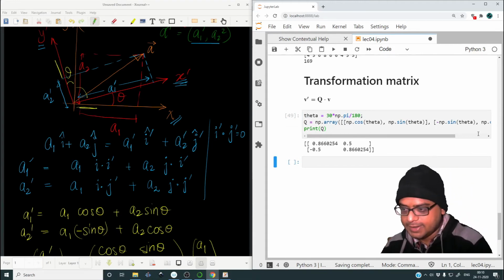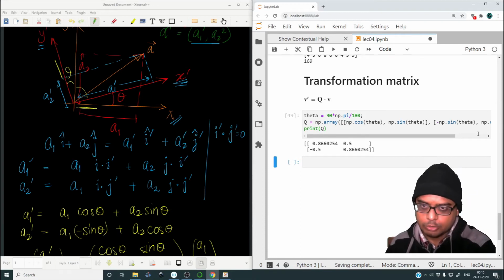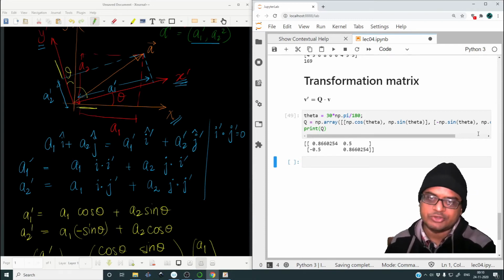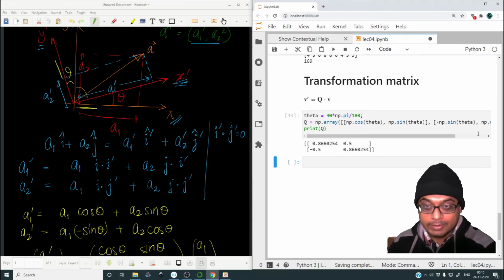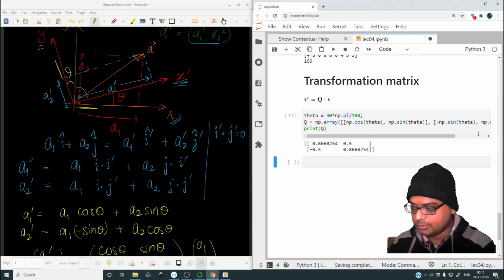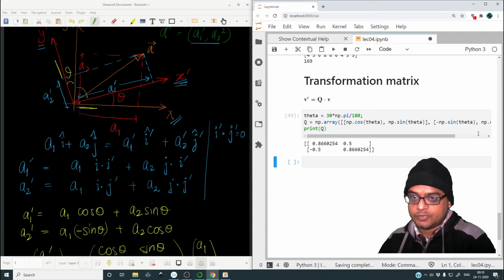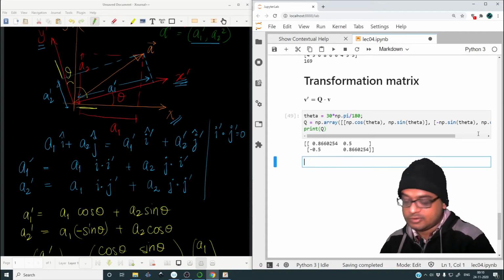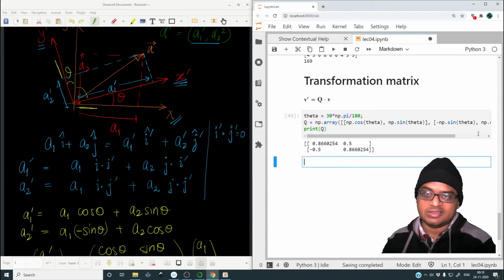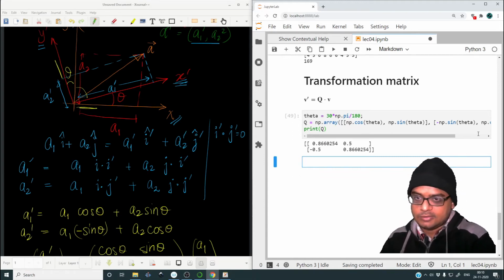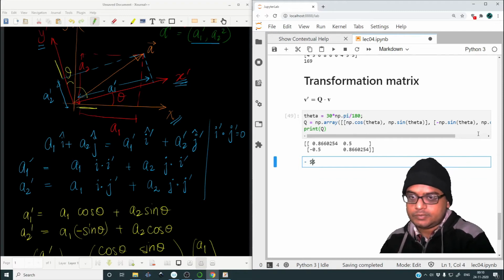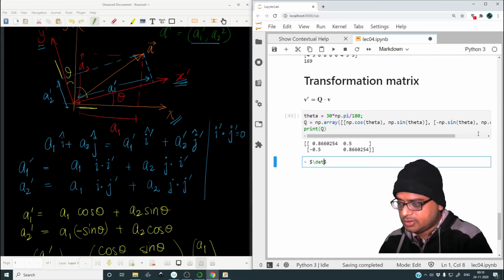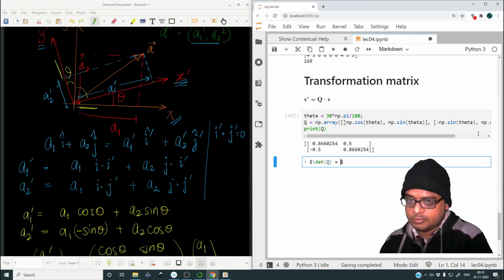So let us now create a vector, or rather before delving into the transformation itself, let us quickly look at some properties of the transformation matrix. Here are some properties which are quite well known from matrix algebra. I'm just pointing them out as a refresher, nothing else. The first property is the determinant of Q is equal to 1.